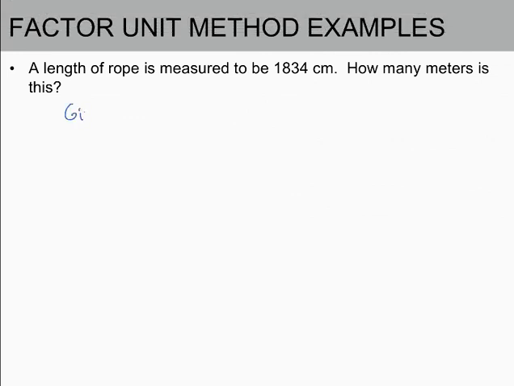All right, so let's start by writing out what we're given. We're told that the rope length is 1,834 centimeters, and we need to determine how many meters that is equal to.